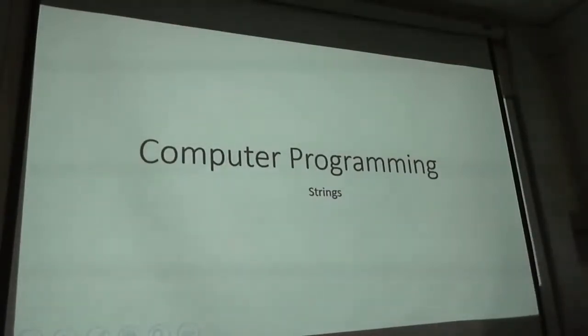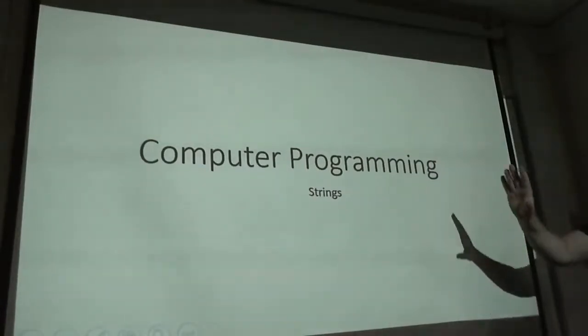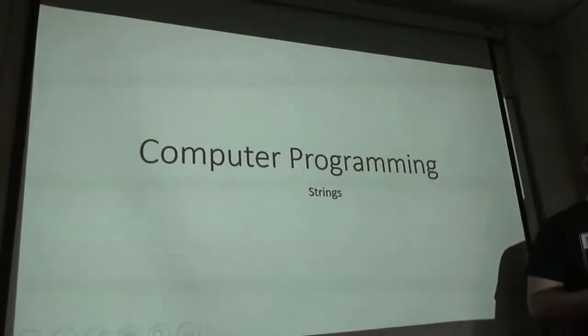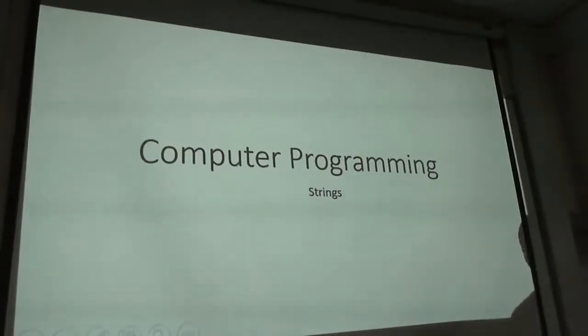But we've used what are called primitive or simple data types, and they are exactly how I explained what a variable is. It's a box. I can put stuff in the box, I can read the stuff that's in the box, or I can change the contents of the box, but I can't do anything else. Strings are the first complex data type we look at in programming.